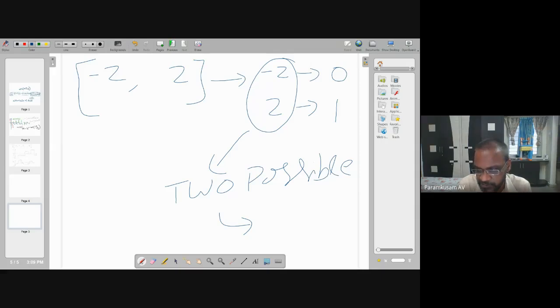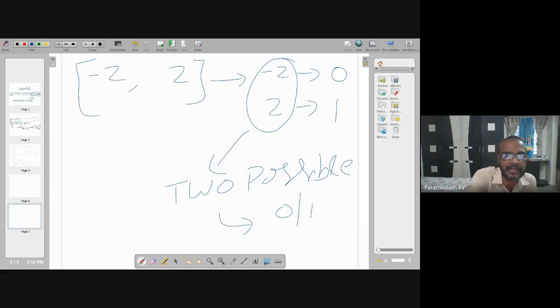How many logic bits are required? ఇక్కడ చూసారు కదా, 2 possible values convert చేయడానికి -2 is represented with logic 0 and 2 is represented with logic 1. 1 bit, sir. Only one logic bit, no? That logic bit either 0 or 1. లాజిక్ బిట్ ఒకటే కదా, ఆ లాజిక్ బిట్ 0 అవ్వచ్చు 1 అవ్వచ్చు.